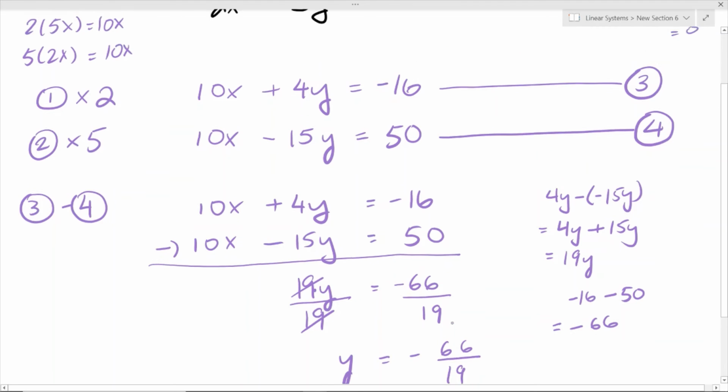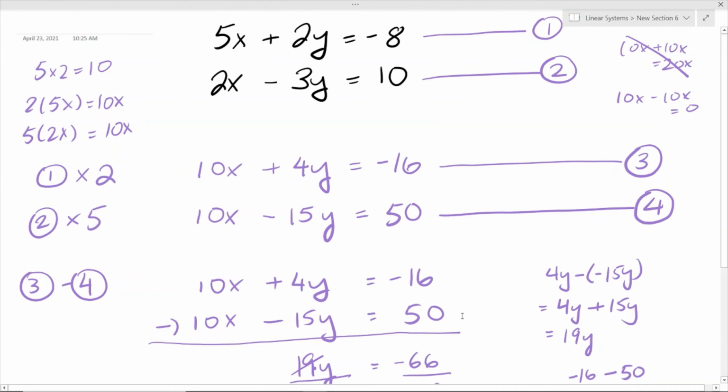So now that we have our y variable, we can plug it back into one of the equations and solve for x. It doesn't really matter which equation we plug it into. I think equation 2 might be easier, because we have a lower coefficient in front of the x. So we would divide by a lower coefficient when we isolate for x.